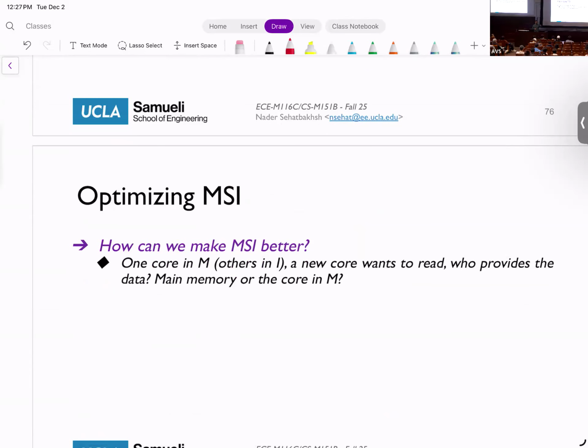Okay. All right. So that's one problem that we solved. We reduce the unnecessary broadcast, especially for lines that are not shared. But here's another problem. Let's say that there is a core that is already in M, okay, and others are in I, right? And we said that if someone wants to read this value, the way it works is that value needs to be written back to the memory. Then the other core reads it from the memory, right?